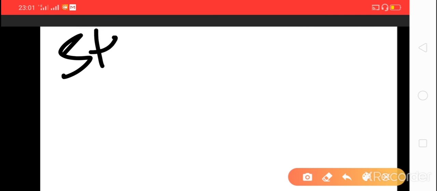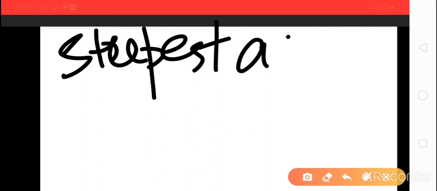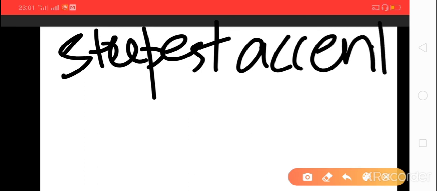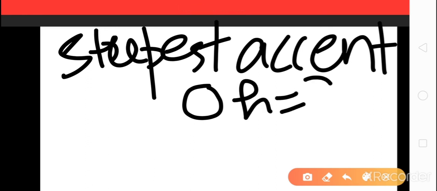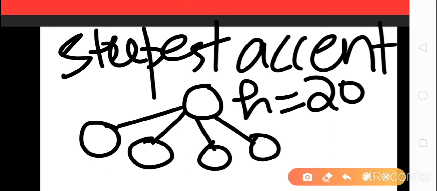And next is the steepest ascent hill climbing algorithm. It starts from a node, and suppose its heuristic value is 20. It explores all the successor nodes. Suppose this node has 4 successors, so it explores all 4 nodes and checks for the node with the best heuristic value.